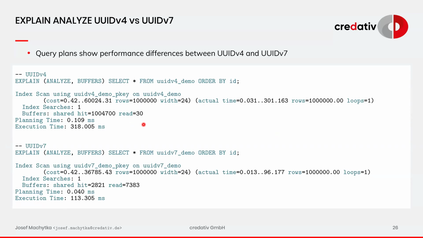And the difference is immediately visible. First of all, the execution time of that query on UUID version 4 is almost 3 times bigger, and the execution time of the query on UUID version 7 is much smaller.